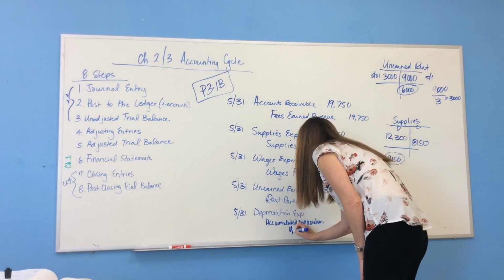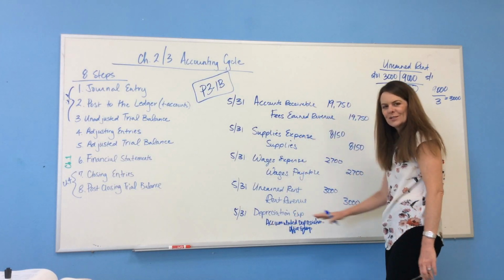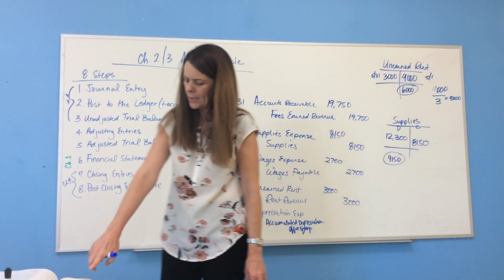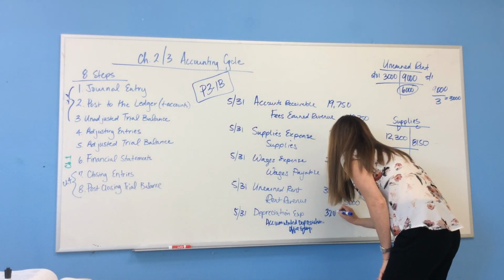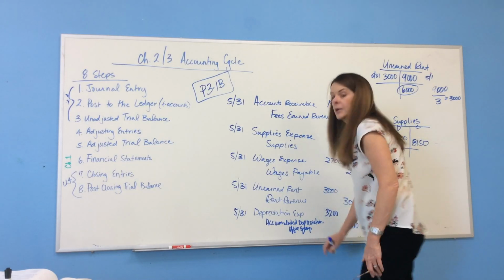In this case, it's office equipment. If I had more room on the first line, I would do it, but I used 2 lines. And the amount that they told us was $3,200. So that's going to go here as a debit to the expense and also a credit to the contra asset.